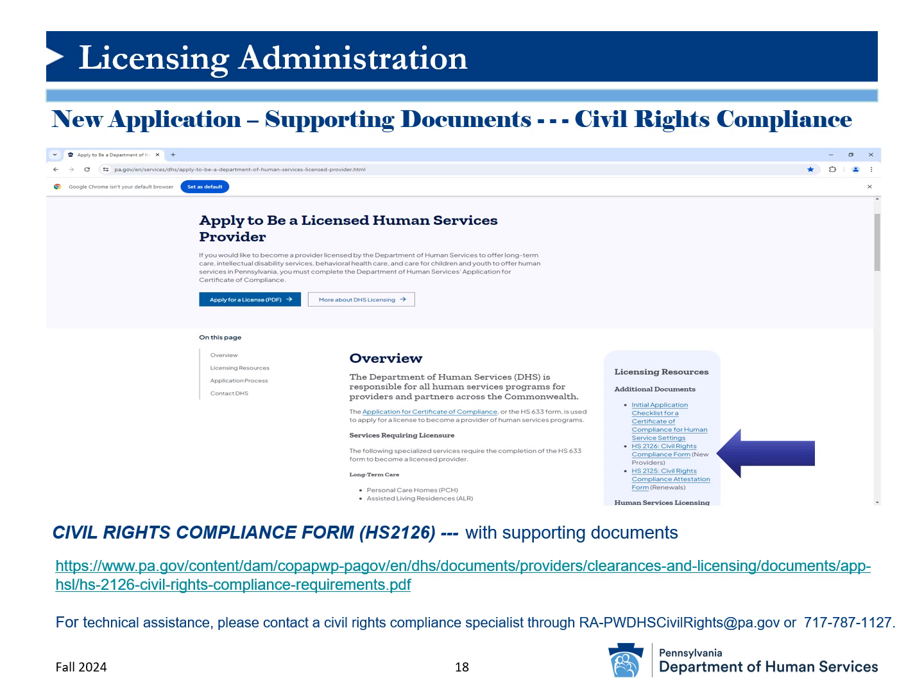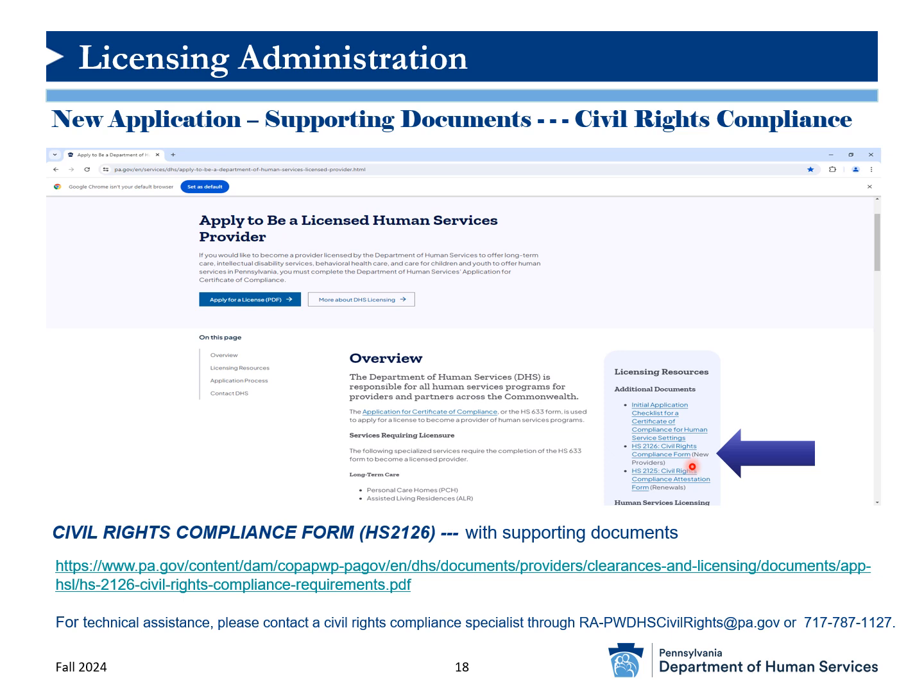This is the web address to find it on the internet. You can go there, click on this form, download it, complete it, and then attach it with your application to send to licensing administration.